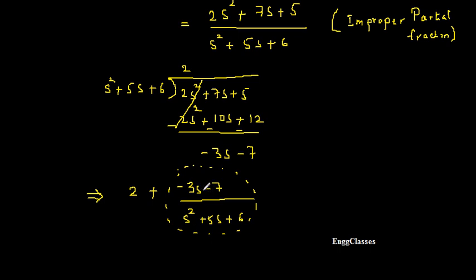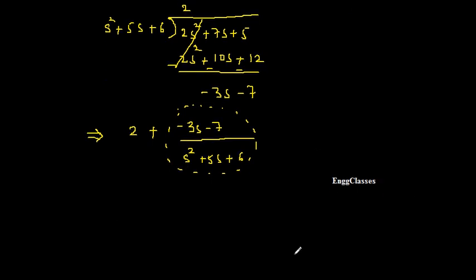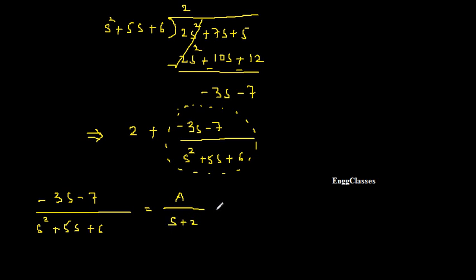Is that okay? So now it is there in the proper partial fraction. Order of the numerator polynomial is lesser than that of the denominator polynomial. Hence I can make use of the partial fraction. So for the second term, expanding it using partial fraction, I would write (minus 3s minus 7) divided by (s square plus 5s plus 6), which I would write as A divided by (s plus 2), plus B divided by (s plus 3).